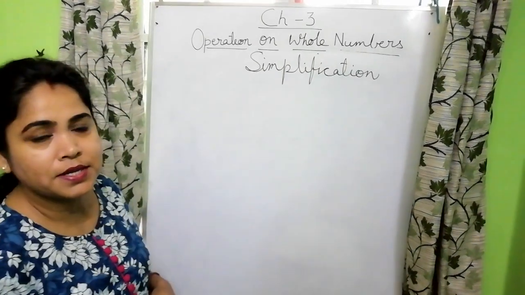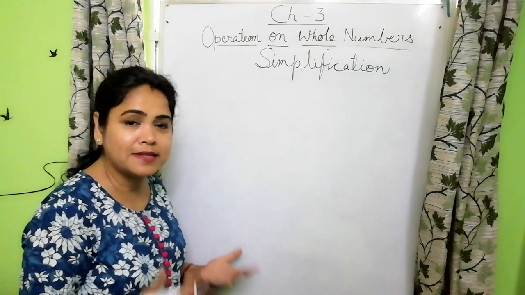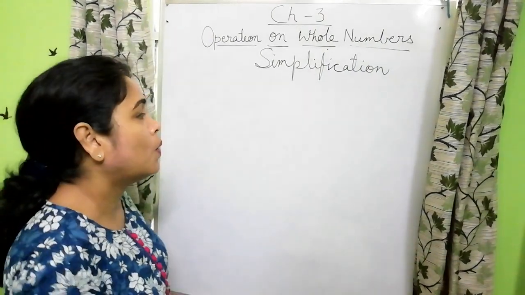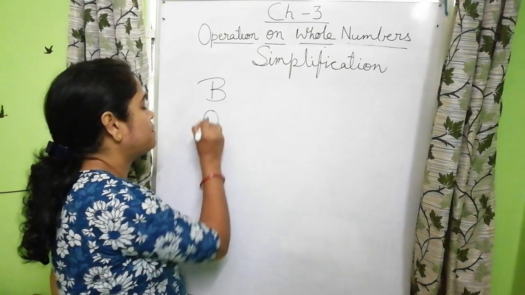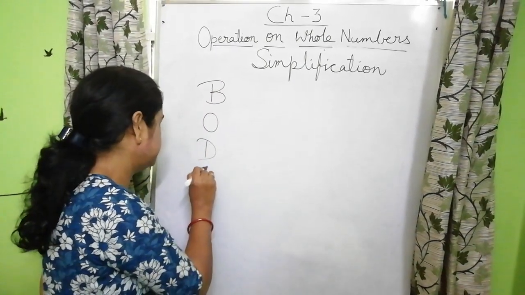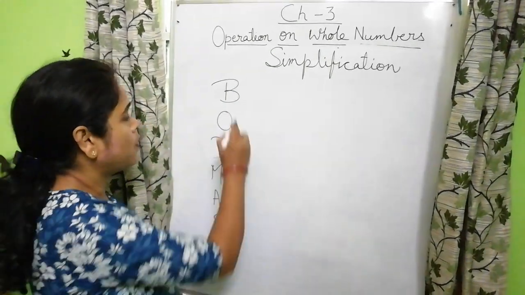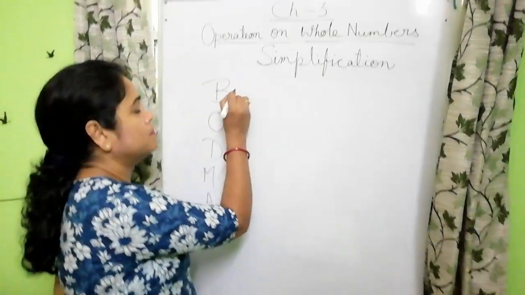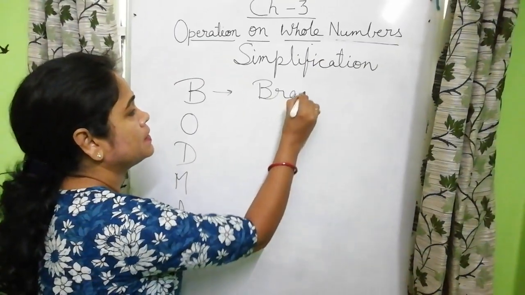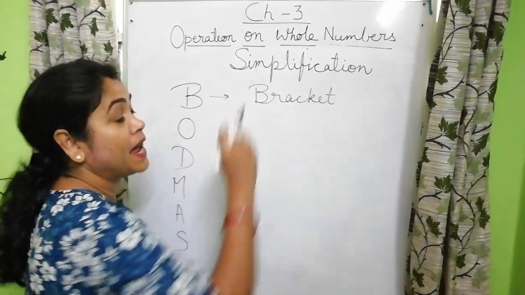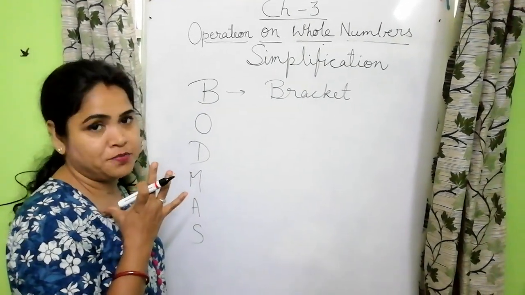Whenever any question is there in which addition, subtraction, bracket, of, all these things are given, we follow one rule that is called BODMAS rule. BODMAS rule, where B stands for bracket. Brackets are of 3 types: small, middle and large bracket.